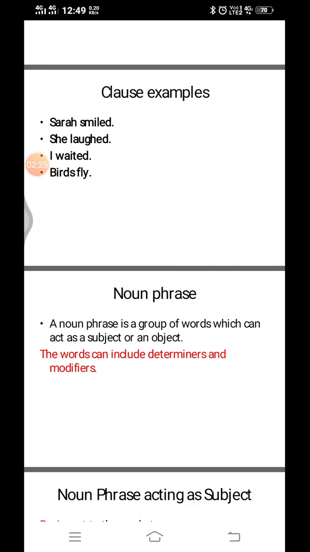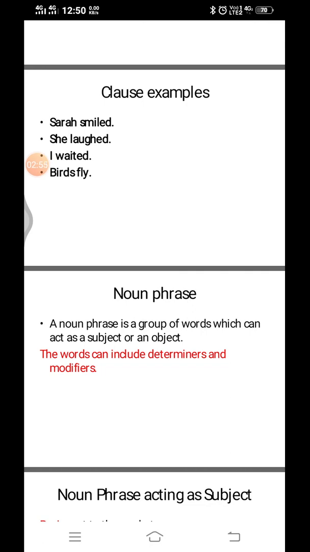In a phrase, we cannot find complete sense. But in independent clauses, wherever there is a subject and a verb, it conveys the full meaning. The way you can see over here, Sarah smiled, she laughed, I waited, birds fly. It makes complete sense. It conveys the full meaning. So this is a clause.